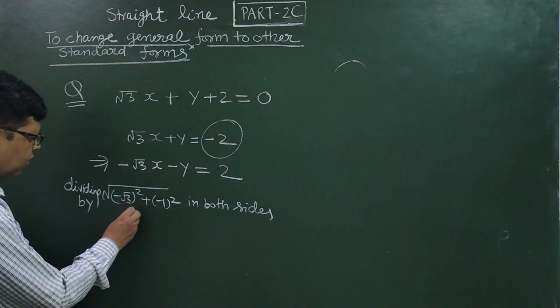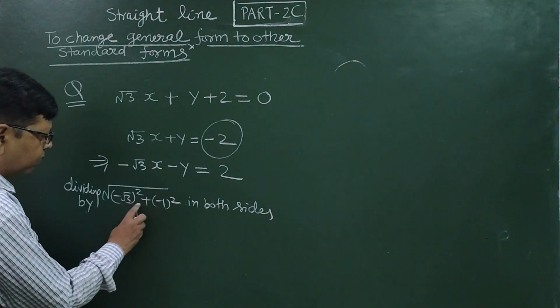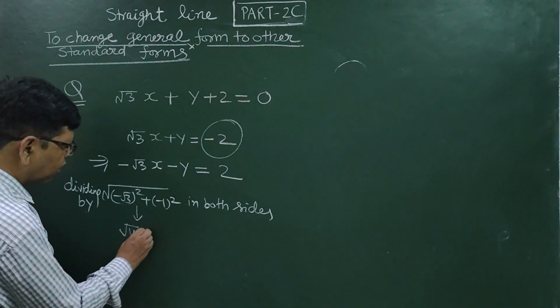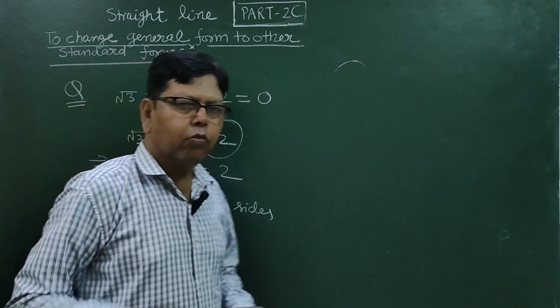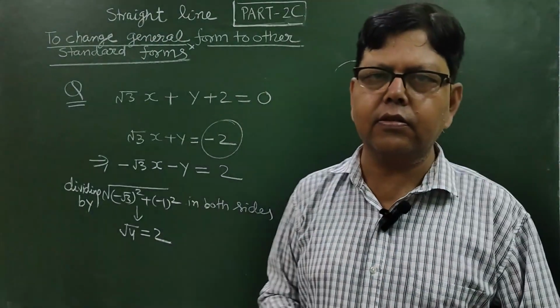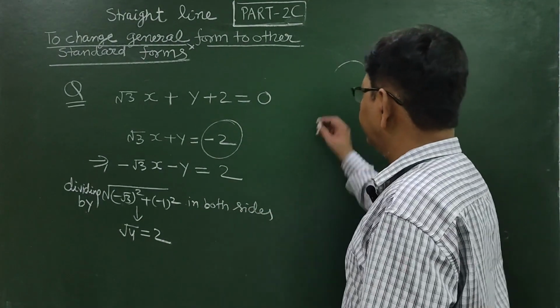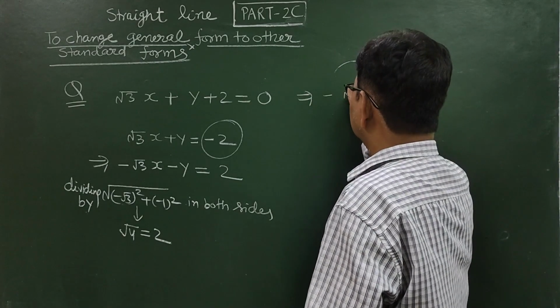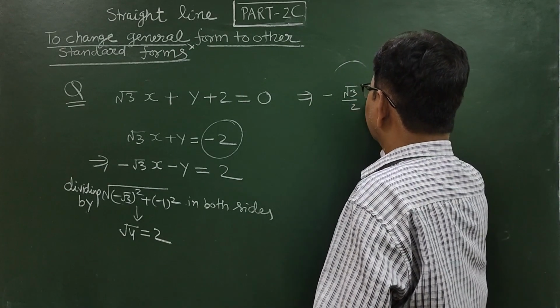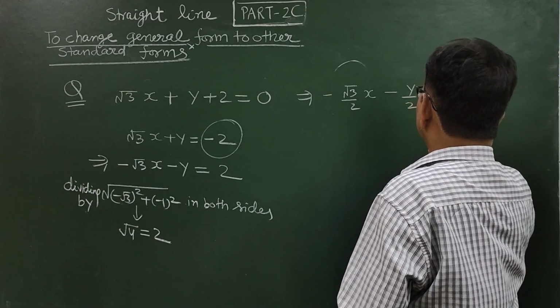This value is equal to: minus root 3 square is 3, 3 plus 1 is 4, square root of 4 is equal to 2. So we need to divide both sides of this equation by 2. If I divide by 2, then I get minus root 3 upon 2 x minus y upon 2 is equal to 1.